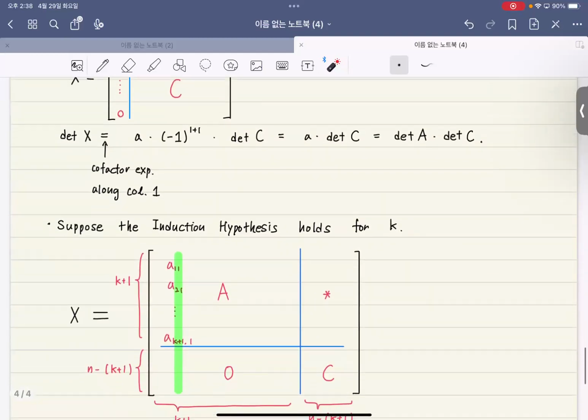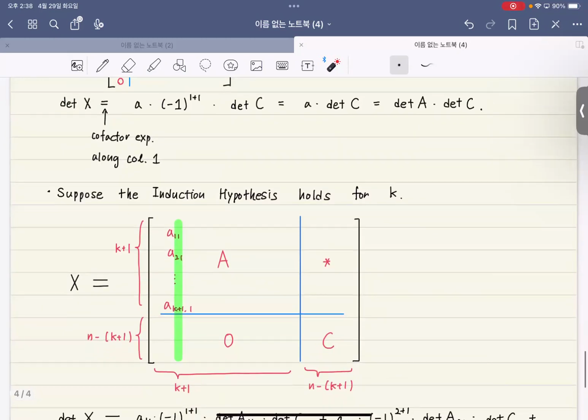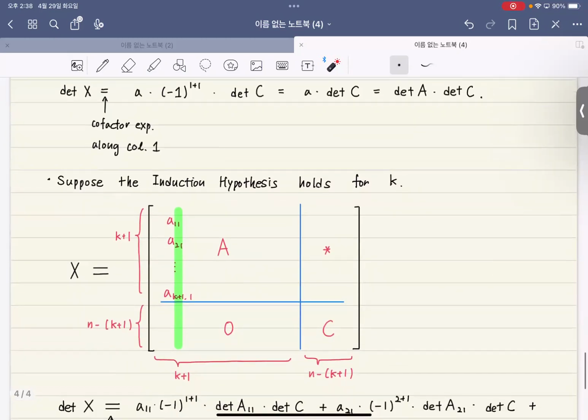Now for the induction step, suppose the induction hypothesis holds for the integer k. Now I will need to test my hypothesis when my number is k plus 1. So this is k plus 1 and n minus k plus 1. What now?